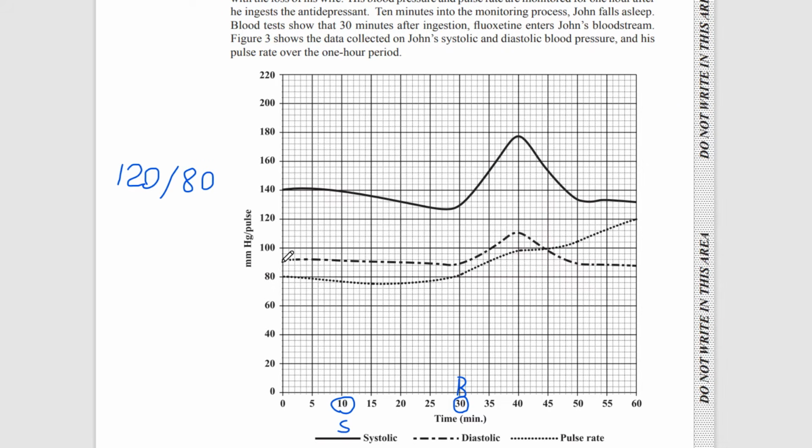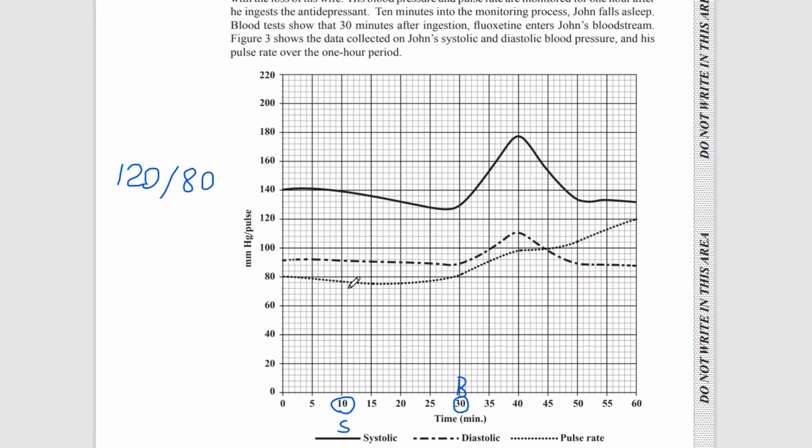Right, this is before he takes the antidepressant. So he already has kind of elevated blood pressure. The pulse rate is actually pretty normal. Usually it's from 70 to 100, and it's 80. We can see here the fluoxetine is actually making it climb.